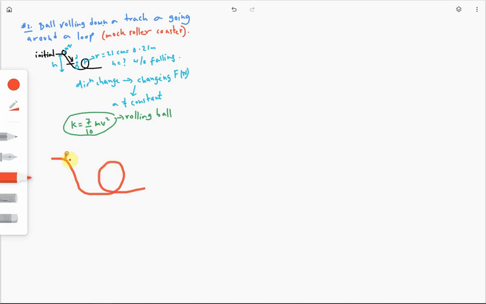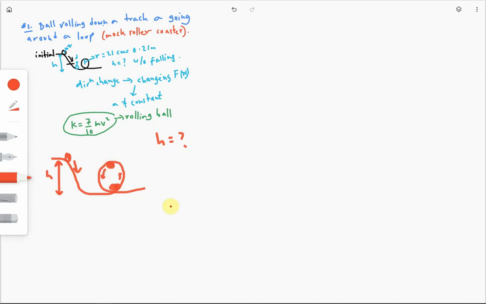So this rolling ball starts here, goes down the track, and goes this way, and then comes around and follows this track. So what is our target? We want to find how high this should be for the ball to make it around the loop. So we want to find h. This is what we are trying to find, and this is the path of the ball.